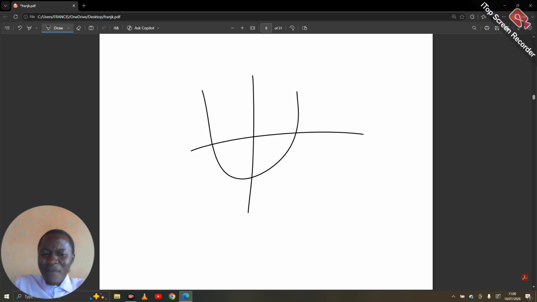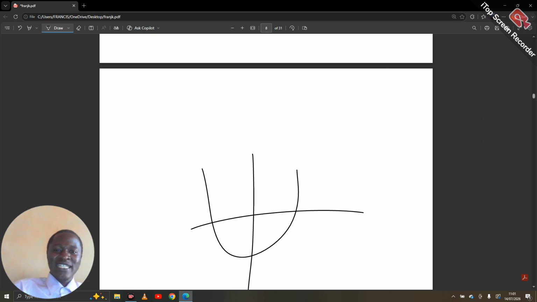And by determining the nature, I can be able to sketch a good curve the way it appears in reality. So I want to know the nature. How is the curve appearing when it is drawn? So that is what I'm trying to get.